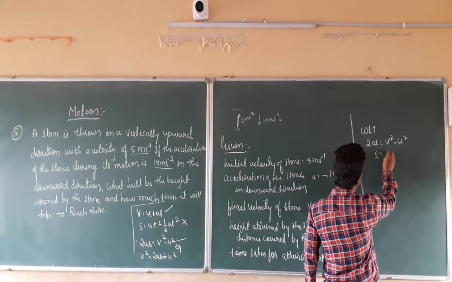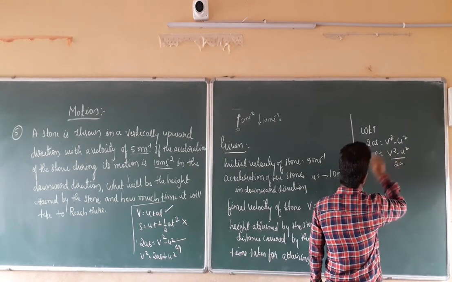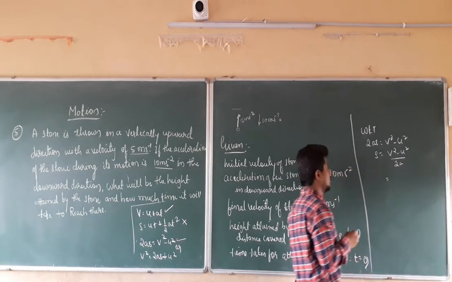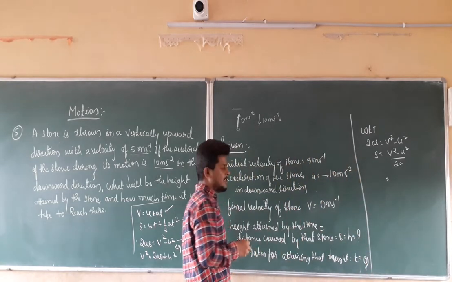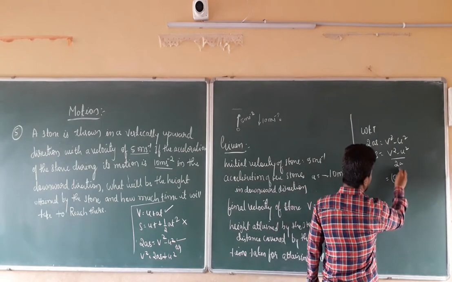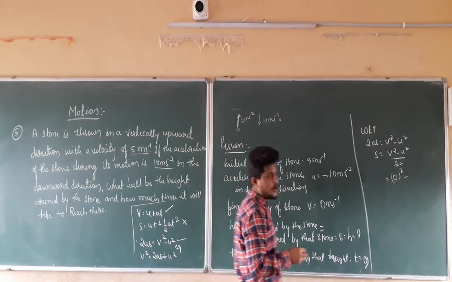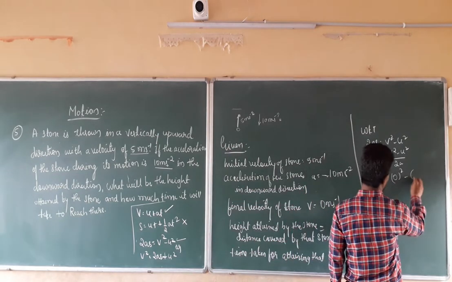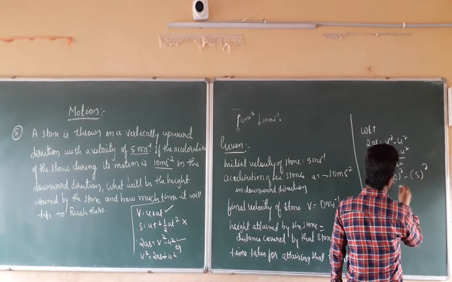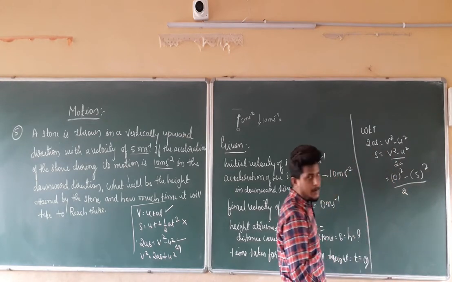Therefore S equal to what? V square minus U square divided by 2A. Therefore S equal to, what is the value of V? It is equal to 0, so 0 square minus what is the value of U? U is 5, so we write minus 5 whole bracket square, divided by 2 into what is the value of A?